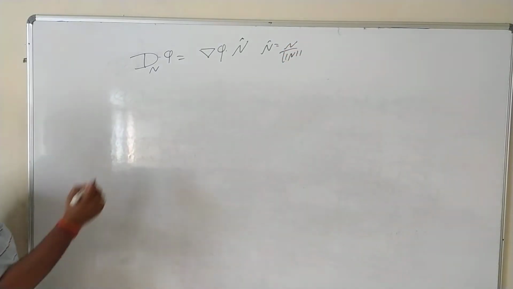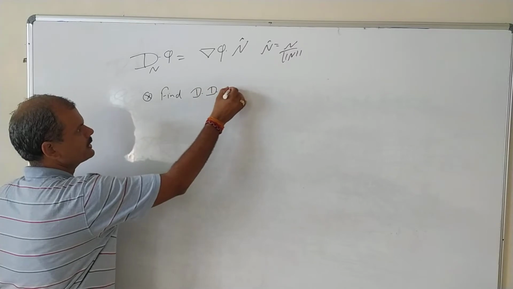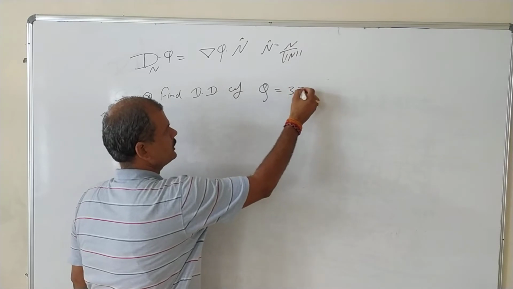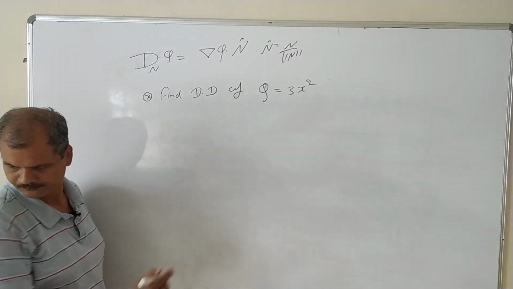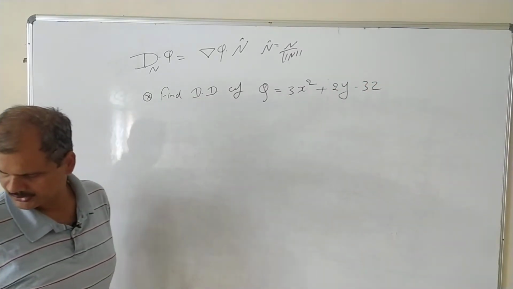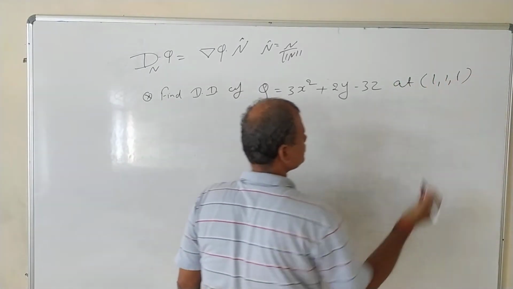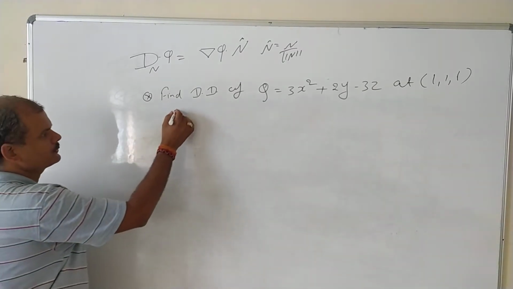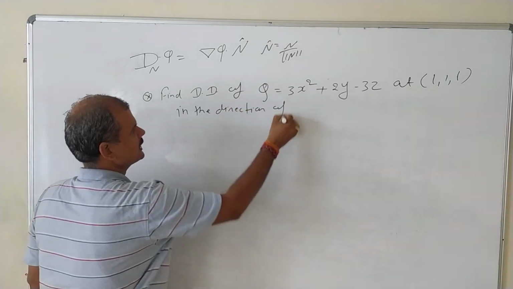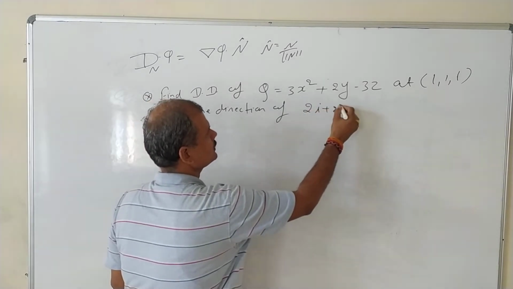So the question is: find the directional derivative of phi equals 3x square plus 2y minus 3z at the point (1, 1, 1) in the direction of 2i plus 2j minus k.